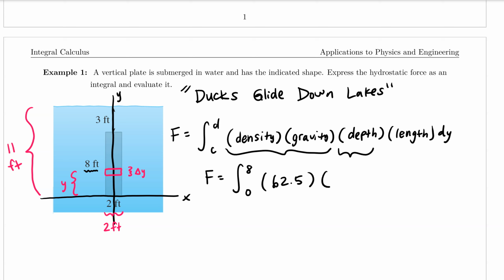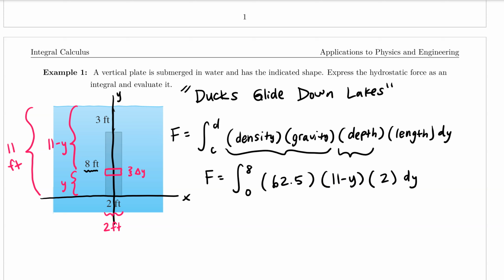So the distance that my cross section is from the surface is 11 minus y. So here my depth is 11 minus y. This problem's really nice because the length of each of the cross sections is constant, so I'm just going to put a 2 here, and we are integrating with respect to y.